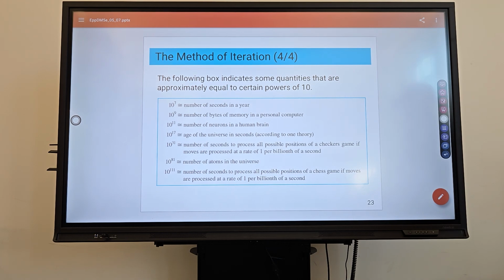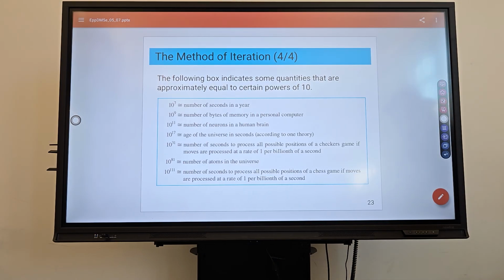Number of neurons in the human brain, 10 to the 11th. 10 to the 17th, age of the universe in seconds, according to a particular theory. 10 to the 31st, number of seconds to process all possible positions of a checkers game if moves are processed at a rate of 1 billion per second.